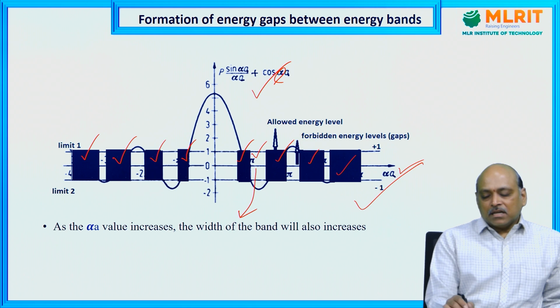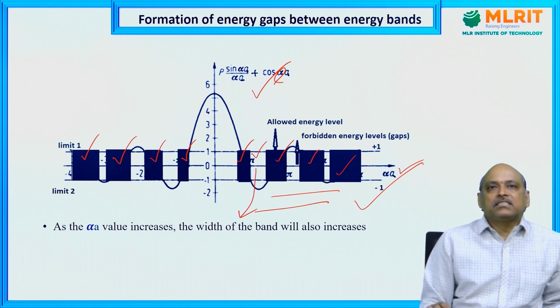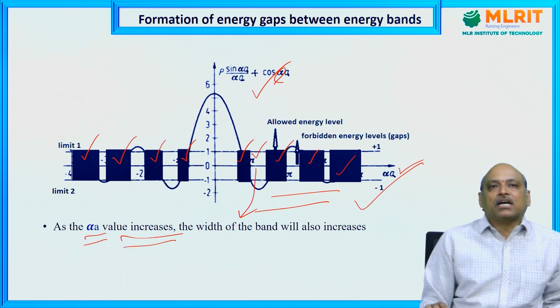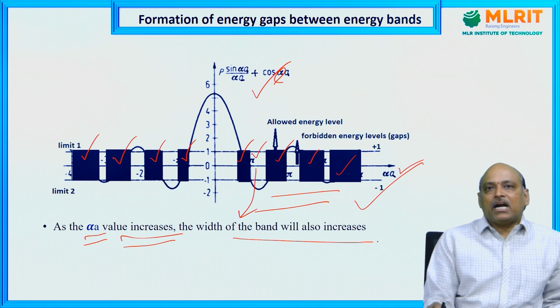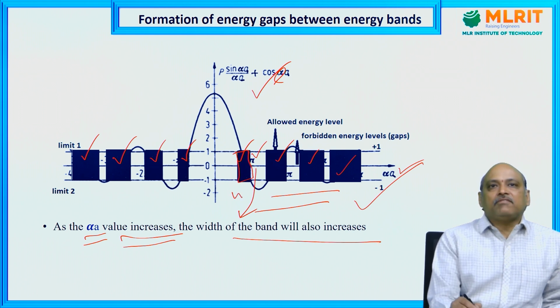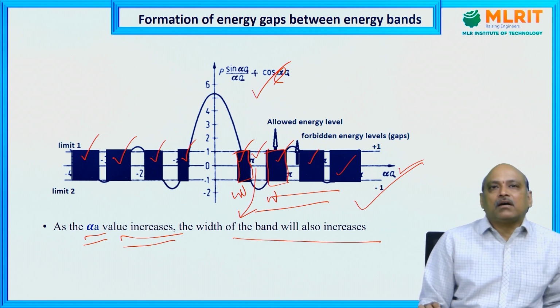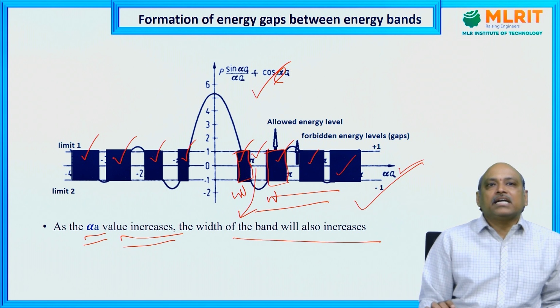Now, based on this profile, this form of the graph, we can say that as the alpha a values increase, the width of the band also increases. If you take the width W, the width of that potential barrier was increased here.